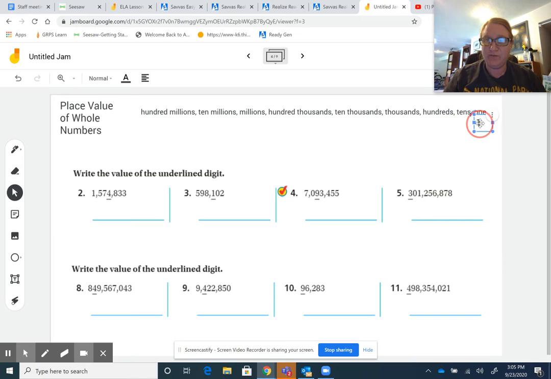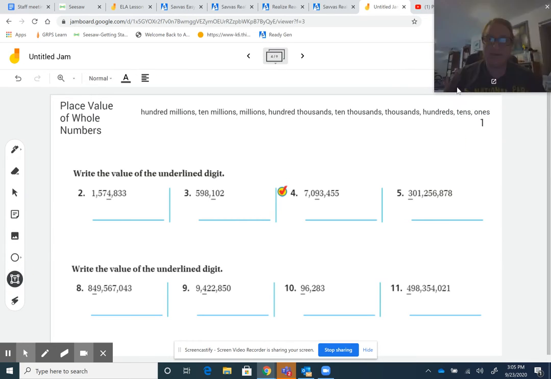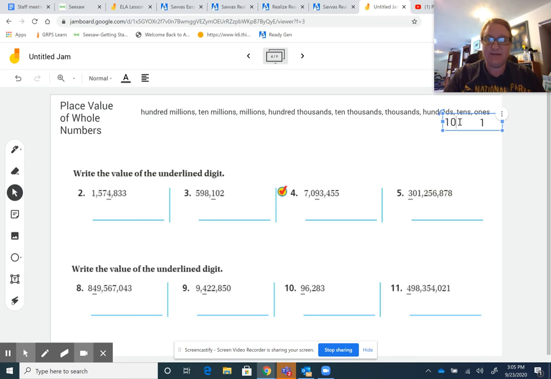That goes way over to the right. We have tens. That's next. And that goes under the tens. We have hundreds. Whoops, and I need numbers. Come on, Witkowski, pull it together.